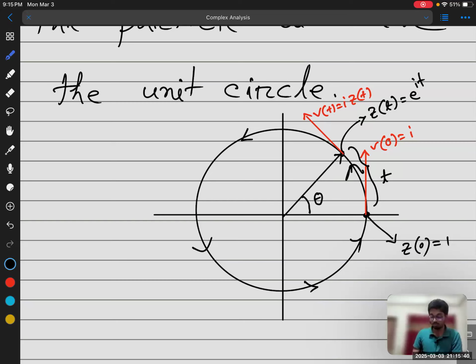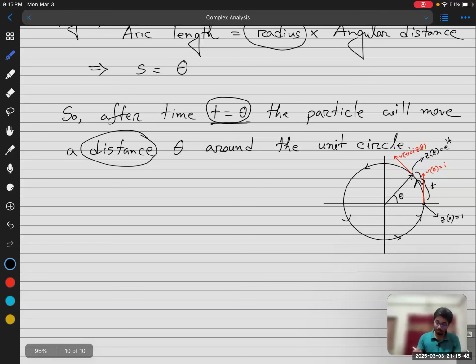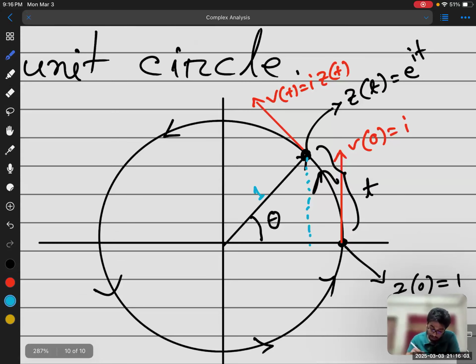So what do we get from here? The particle is at this point after time t. Let's say we take a perpendicular line over here. This distance is basically 1 unit. Then if we take the vertical component and the horizontal component, this is our cos theta and this is our sine theta.